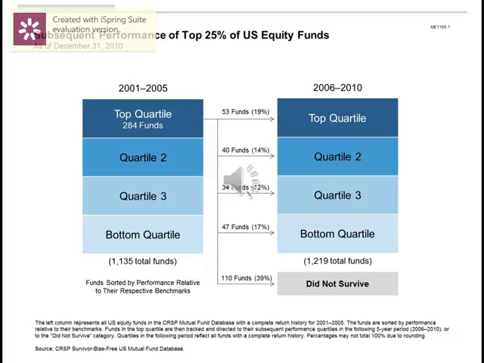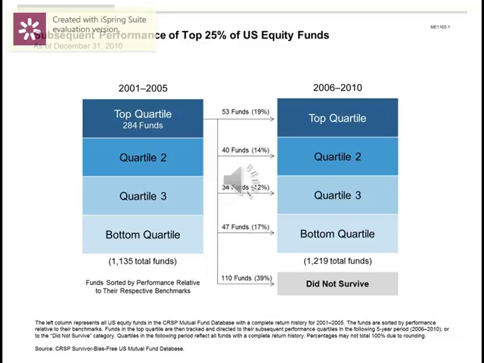These top managers, who were perceived as the most skilled in the U.S. equity market, showed no ability as a group to repeat their top performance. Indeed, 39% did not even survive, and the funds that did survive were spread across the sorted universe.